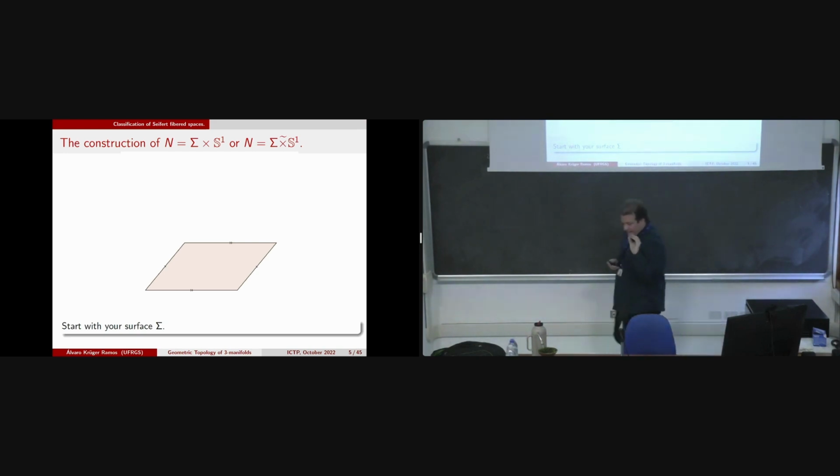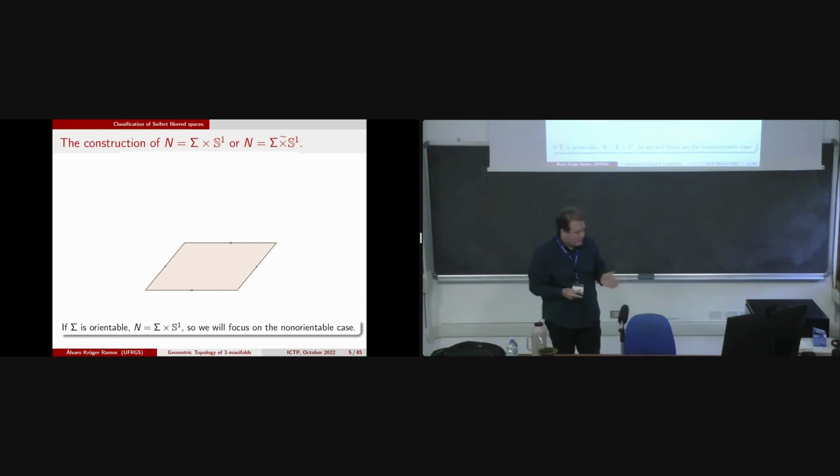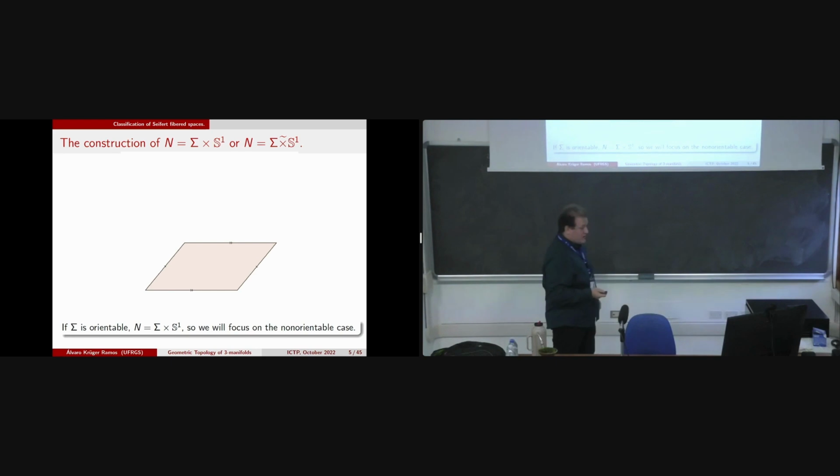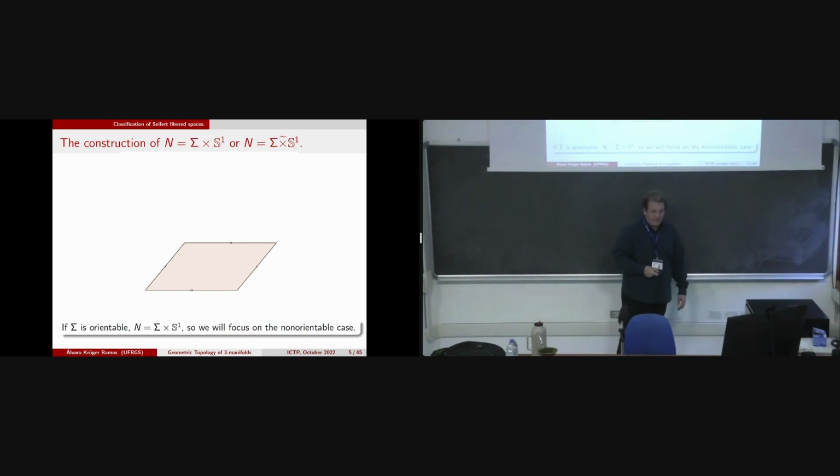So first, start with your surface sigma. And if sigma is orientable and is just a product, let's ignore this case and focus on the non-orientable case. So think of sigma as a non-orientable surface. And here in the picture, I have a Klein bottle. We have here this side identified with this side with the same orientation.